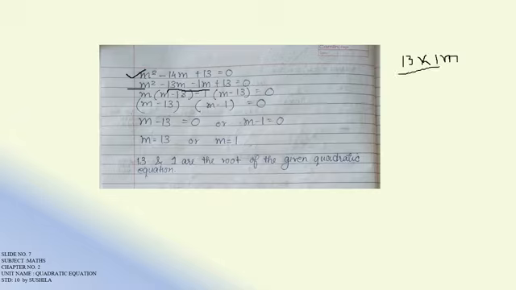You have to break this number down into two consecutive numbers that ultimately give 14m. The numbers are minus 13m and minus 1m. If you add these two, you get minus 14m, right? Then plus 13 equals 0.